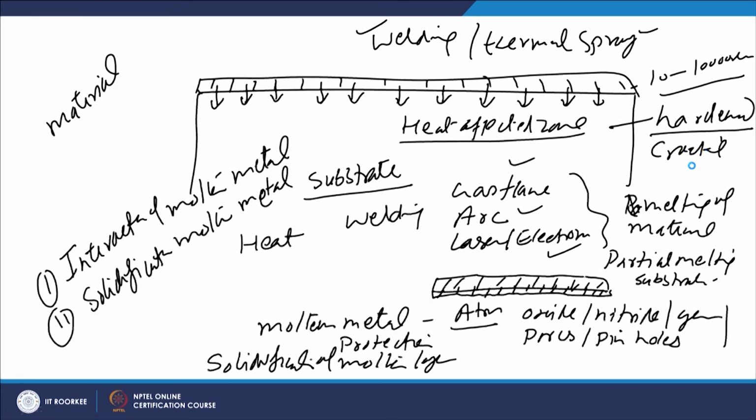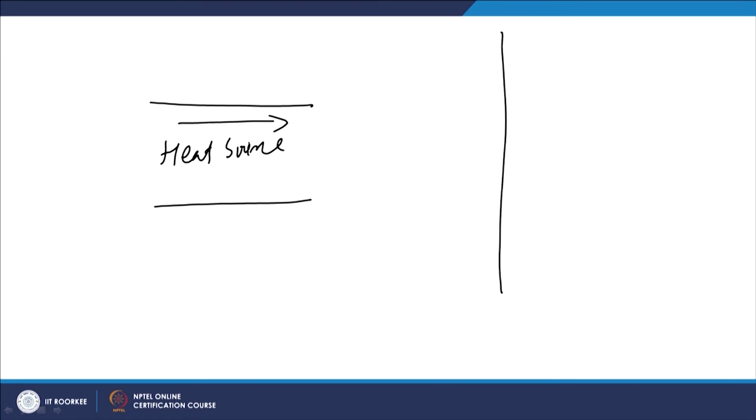Now we will see the other approach of surface modification, using thermal spraying. Whatever the type of heat source we are using, whether flame or arc, the heat can come from the flame, the arc, or any other source.